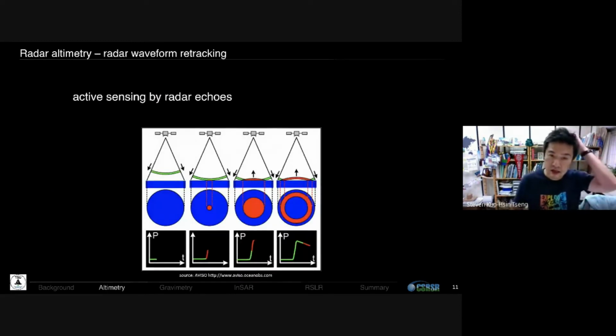So again, this is a schematic showing the bounce of the signal and how we measure the sea surface. You can see from left to right, the power received as a function of time. When the signal hits the ocean surface, the expansion of the red area means a stronger signal is going to bounce back, so the return signal increases in time.